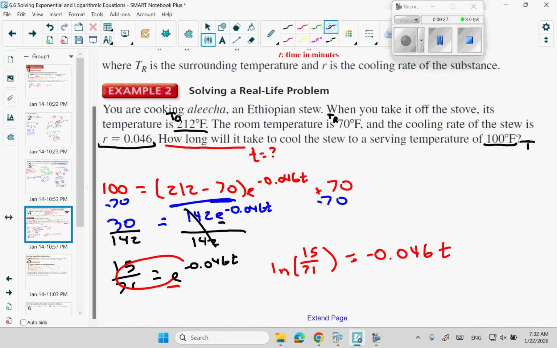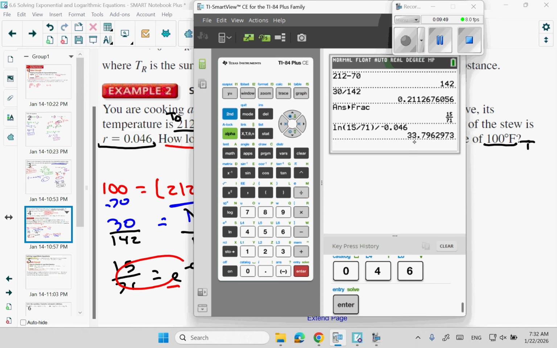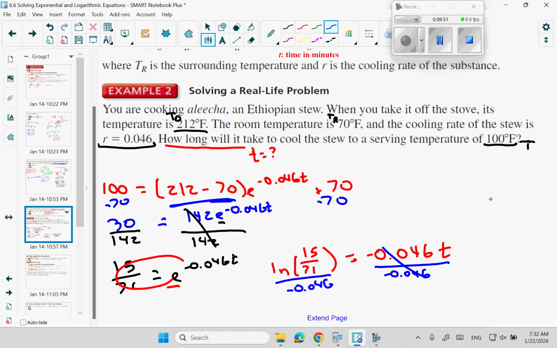And then I'm trying to get t by itself, so I'm going to divide by this coefficient here. So we get natural log of 15 over 71 divided by negative 0.046. And it takes roughly about 34 minutes.